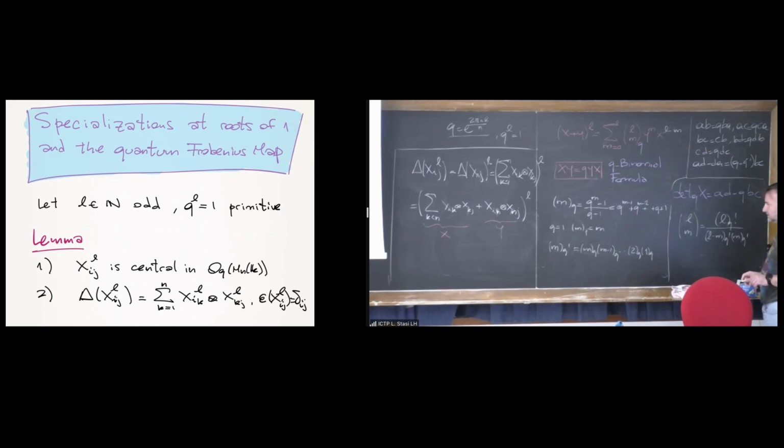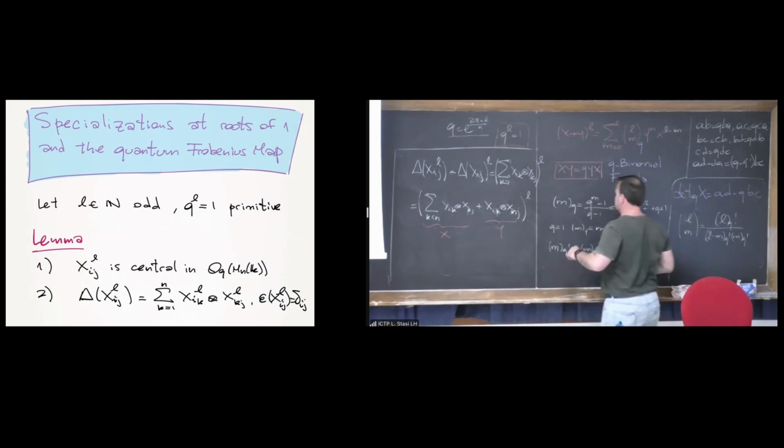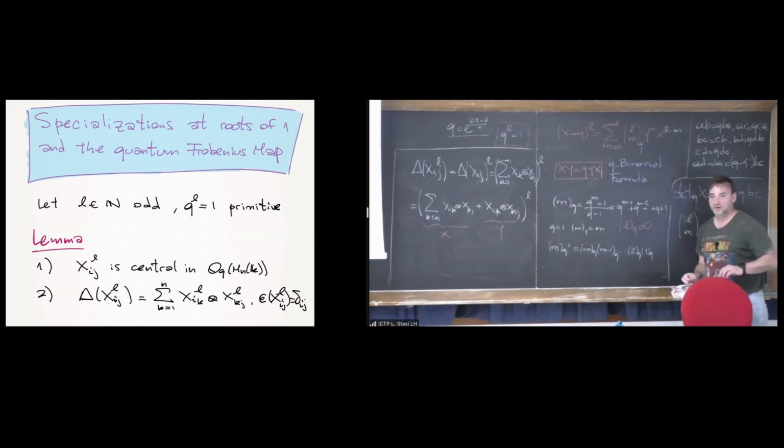Some remarks about this. Suppose that we take Q a root of unity. If we take Q an L-th root of unity, if we look at here, Q to the L is 1. So if we put L instead of M, we get 0. So a Q number gives us 0 if we put exactly the order of the root.